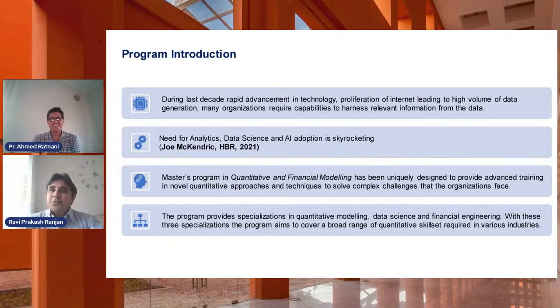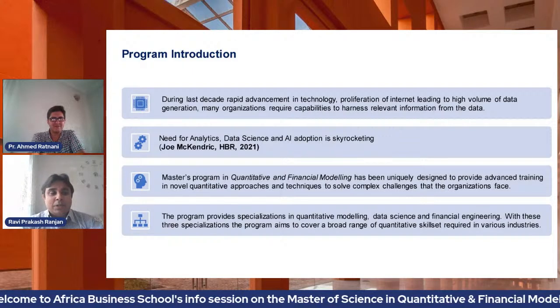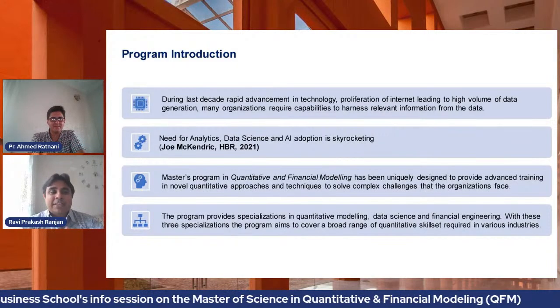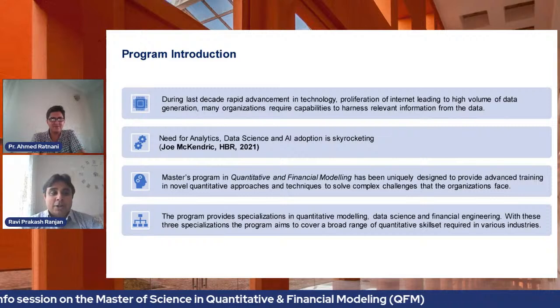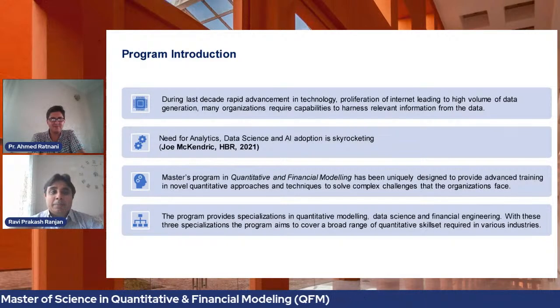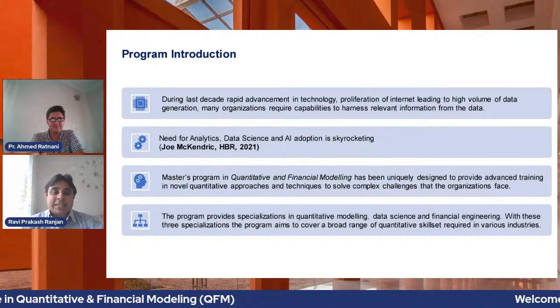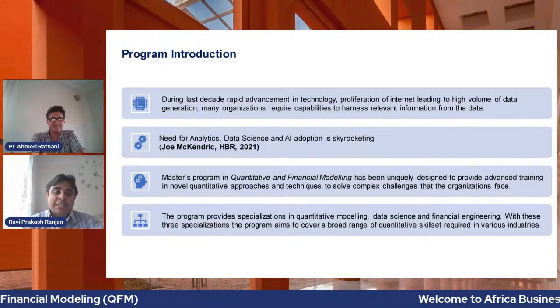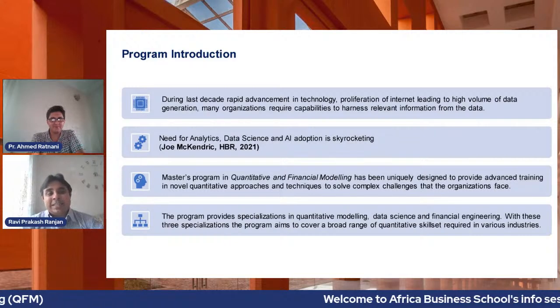Just to give a motivation on why you should be doing this program. During the last decade, what we have witnessed is a rapid advancement in technology and proliferation of the internet, which has led to a huge volume of data generation. Now organizations need to build capabilities which can harness relevant information from this data and help them make decisions.